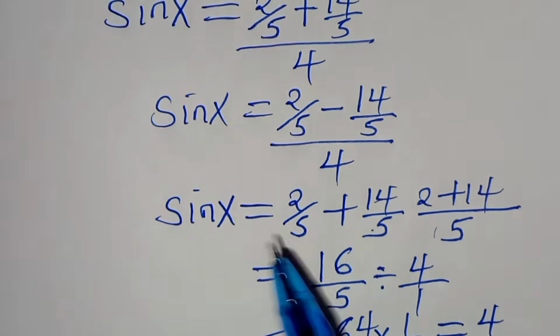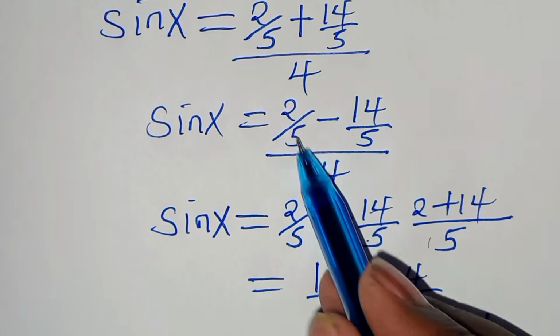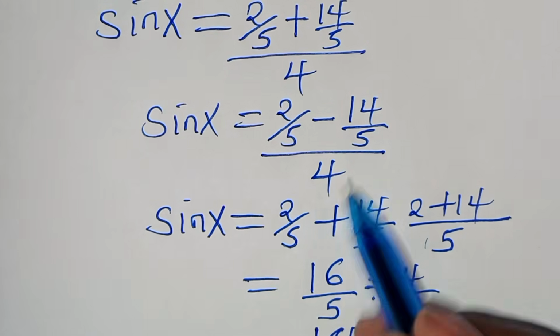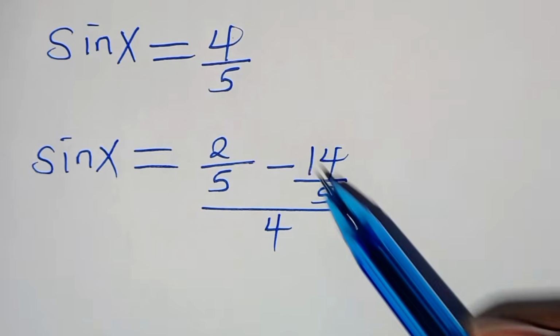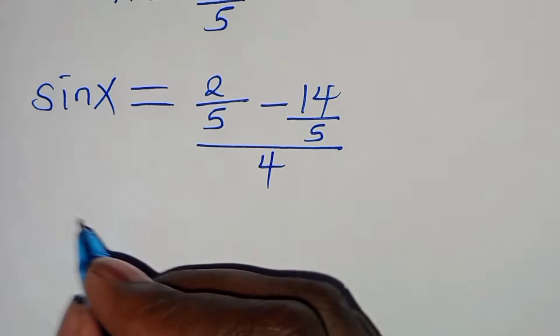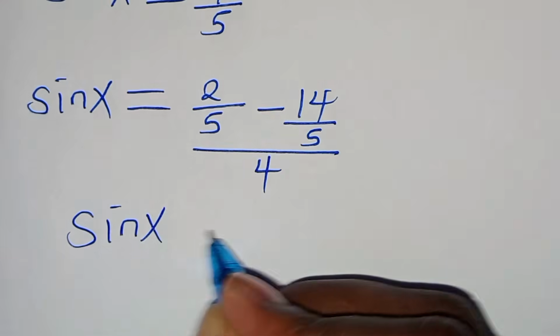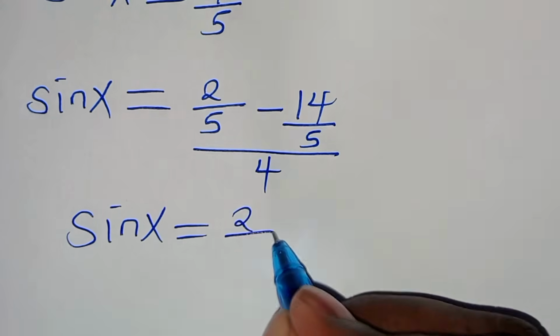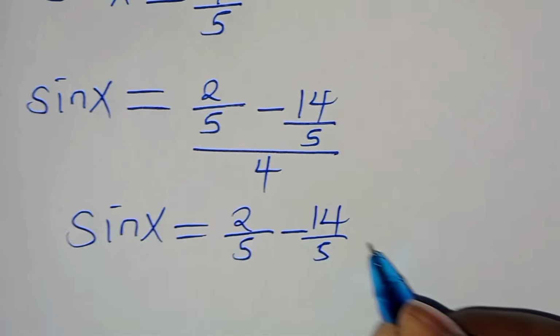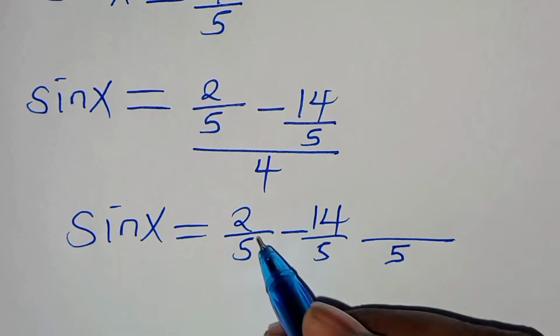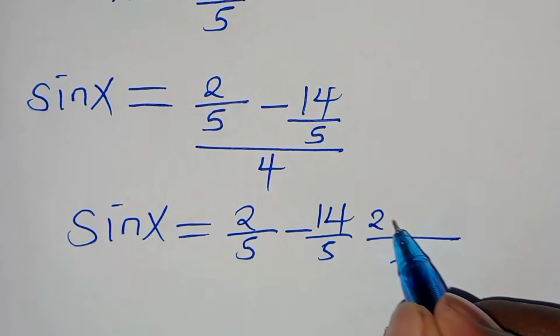Now let's solve for the second value of sine x, which is 2 over 5 minus 14 over 5, divided by 4. The first sine x is equal to 4 over 5. For the second, we have 2 over 5 subtract 14 over 5. The LCM here is 5. 5 divided by 5 is 1 times 2, this is 2.